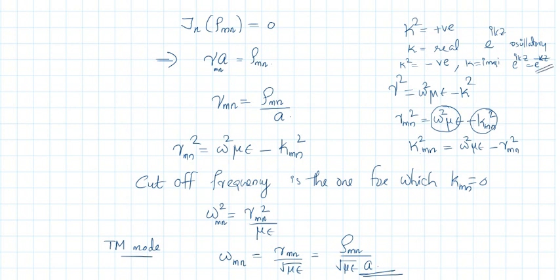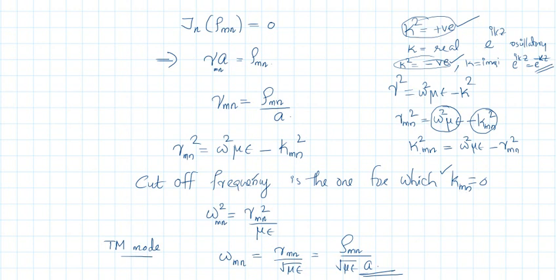They are called evanescent modes or cutoff modes. So depending on the value of k square, whether it is positive or negative, we can have a propagating solution or no solution. So what is the boundary between these two? K square equal to 0. The frequency for which kmn equals 0 is known as the cutoff frequency. Below the cutoff frequency there is no possible mode.